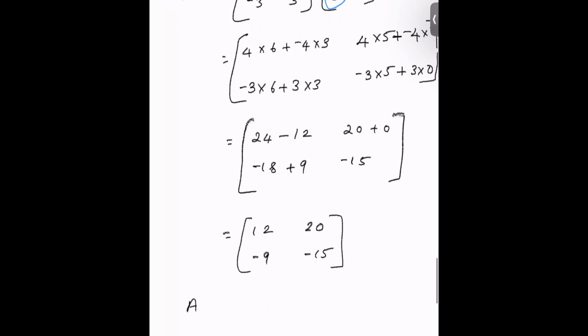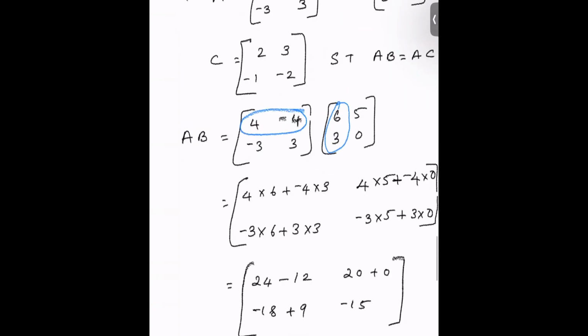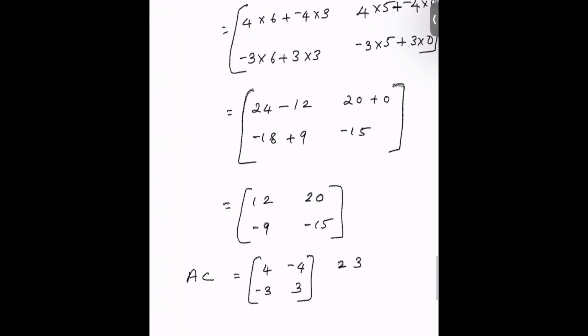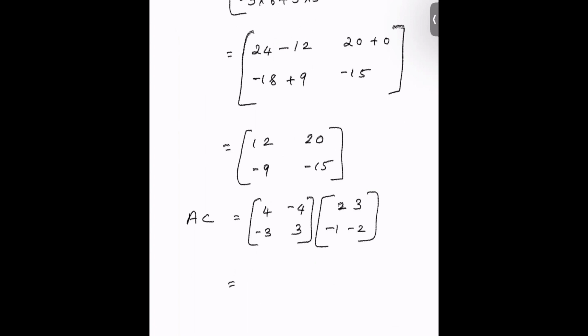Now let's do AC. 2, 3, minus 1, minus 2. 4 into 2 plus minus 4 into minus 1. 4 into 3 plus minus 4 into minus 2.